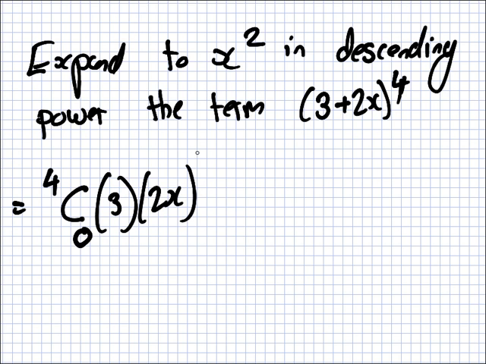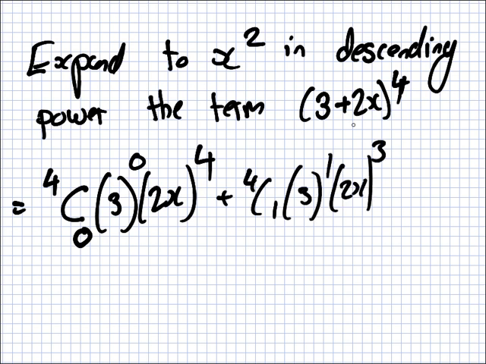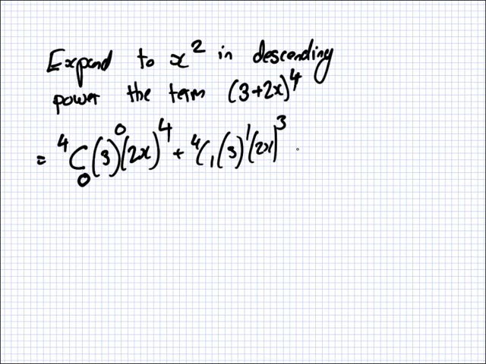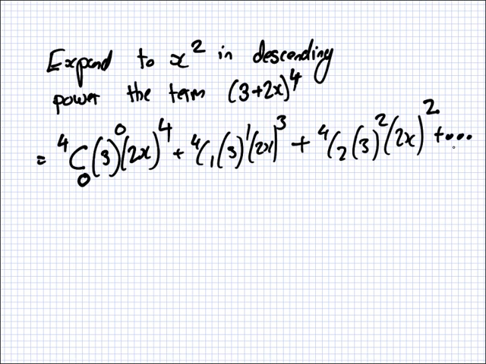So what do I put here? 4. I have to put 4, and then 0. And then the next one would be 4c1, 3 to the 1, 2x cubed. And then 4c2, 3 squared, 2x squared. And why do I stop? Well, I've reached the x squared, haven't I? Yes.